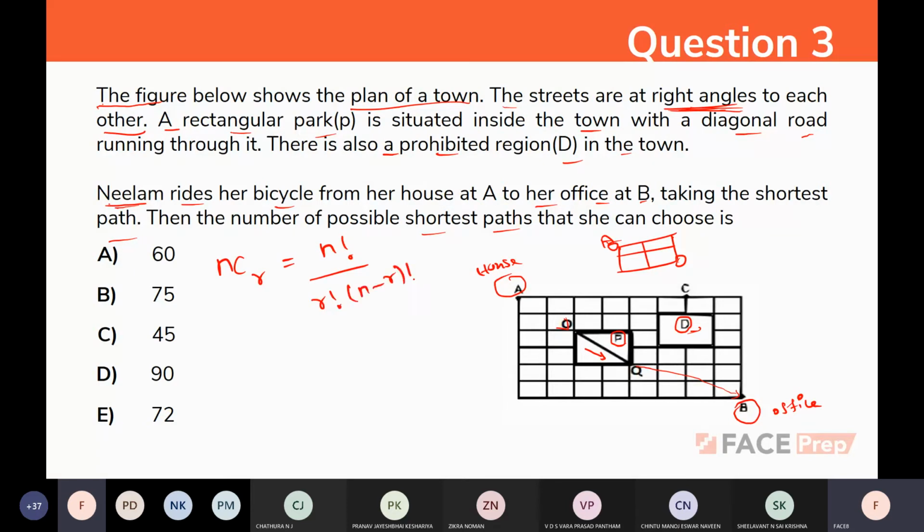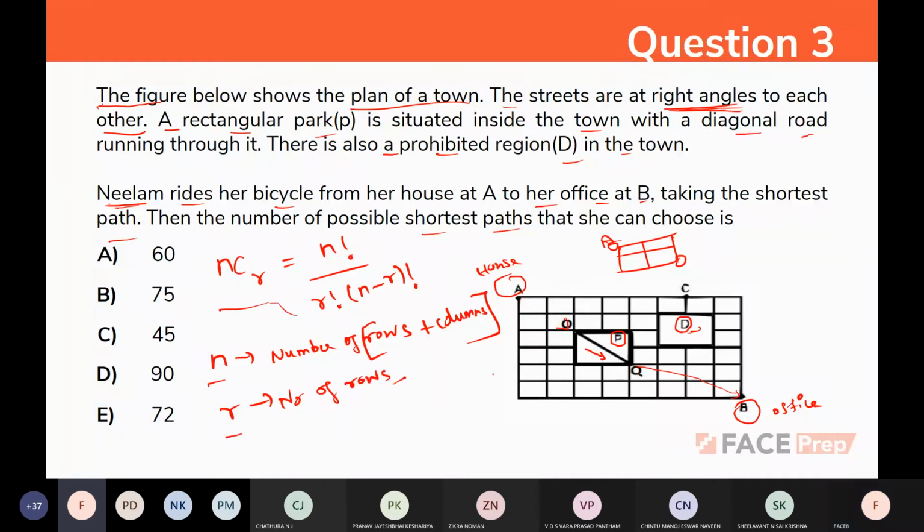You may have seen this formula previously in school or college. Here in this question, n is the number of rows plus the number of columns, and r represents the number of rows only.